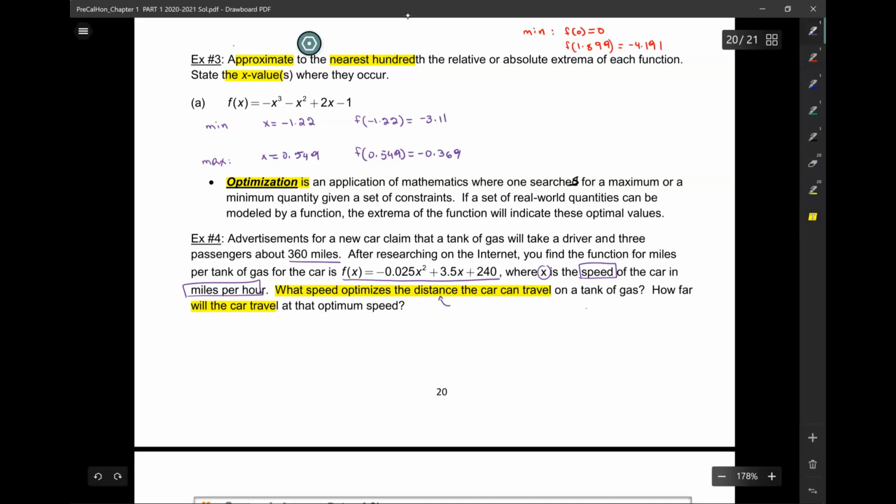So basically what we need is the maximum distance the car will travel. So at what speed should I be driving so that I could get the most miles out of this one tank, right?